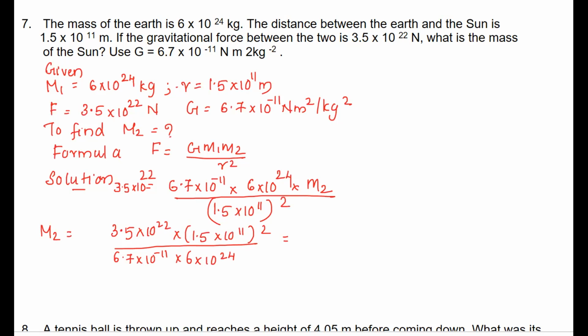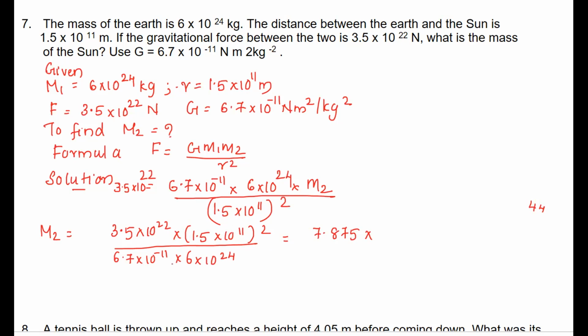1.5 square is 2.25 will come. 2.25 into 3.5 is 7.875. Into here 10 raised to 11 the whole square will become 10 raised to 22. 10 raised to 22 plus 22 is equal to 44, so 10 raised to 44 will come in the numerator.